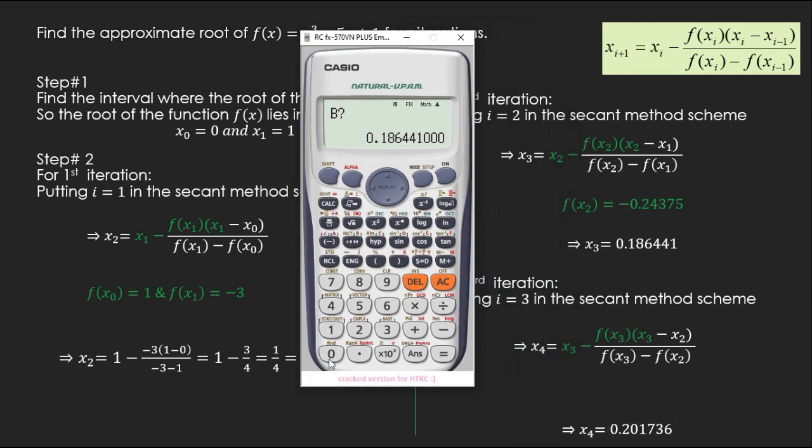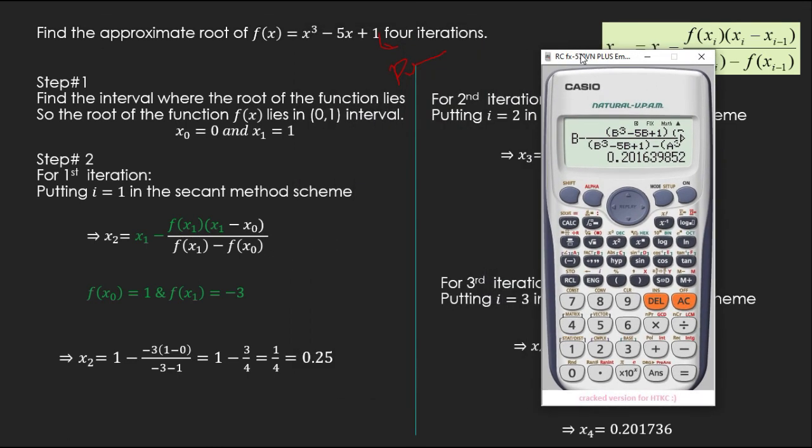The value of b is 0.201736, and the value of a will be 0.186441, and after pressing the equal button you will get your fourth iteration, the value of x5. At the fourth iteration, x5 is the approximate root of the function using the secant method.